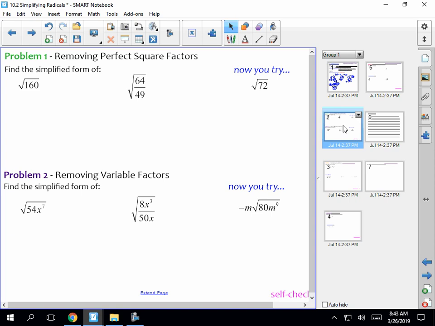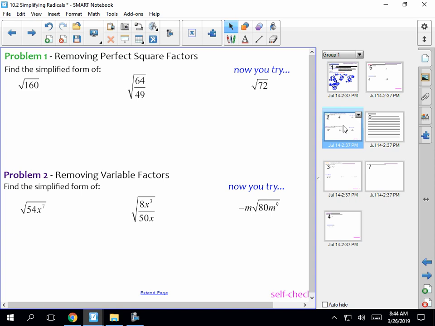So right here on 160, what I would do is I would start up here with the 4. Does 4 go into 160? Can I divide 4 into 160 and get a whole number? That goes in 4 times. Yeah, so that works. The question is, is this the biggest perfect square, or is there something in this list that's larger than 4 that would go into that? We're trying to find the biggest perfect square and then remove it out.